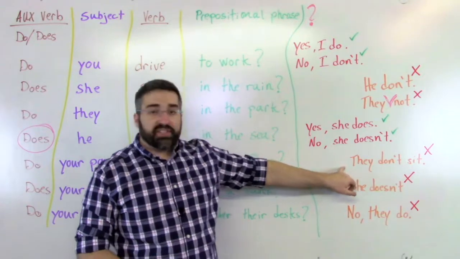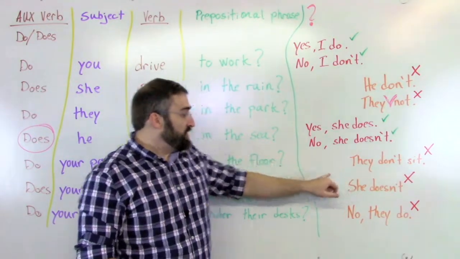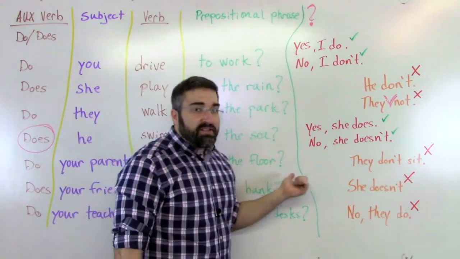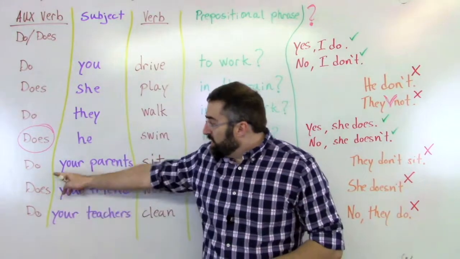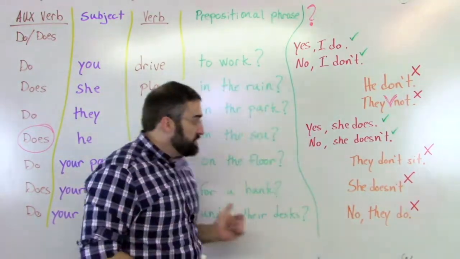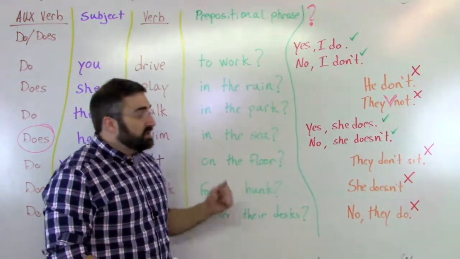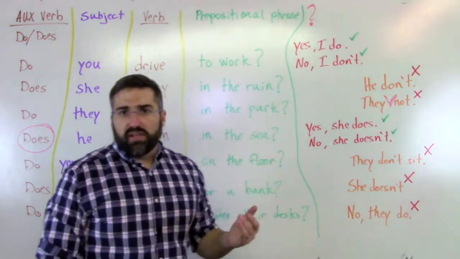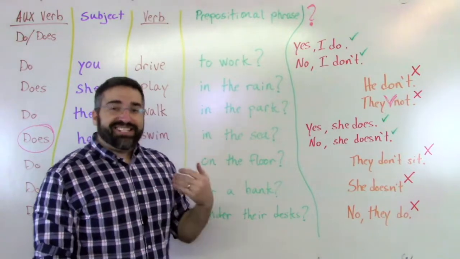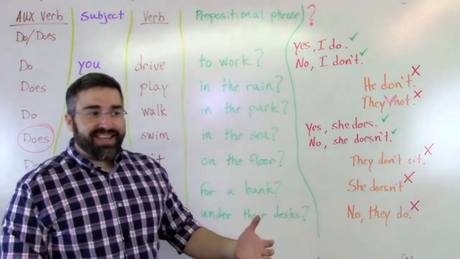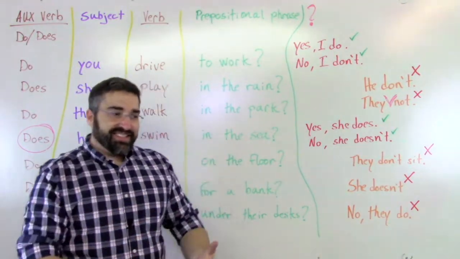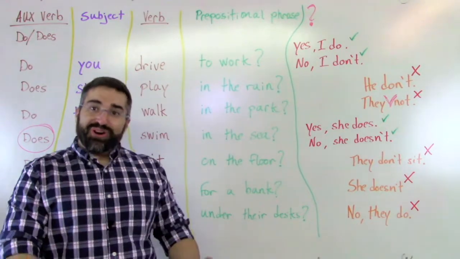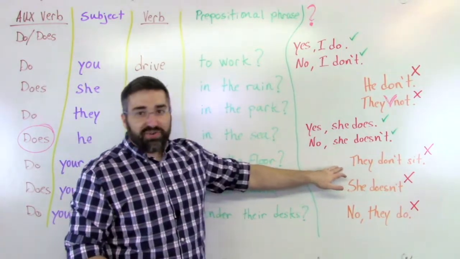"They don't sit." So this question here: do your parents sit on the floor? "They don't sit." Well, it's not what I asked. I didn't ask if they sit. I asked, do they sit on the floor? So you can't say "they don't sit."